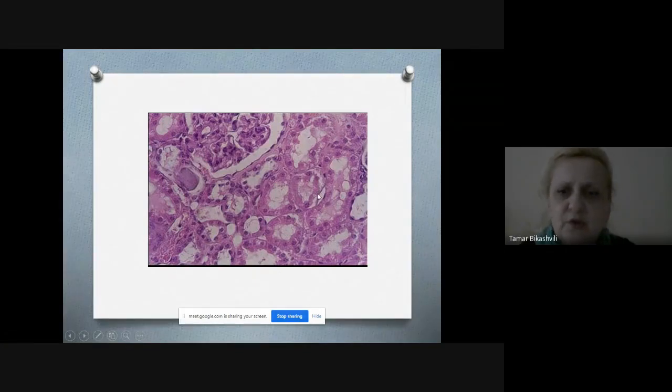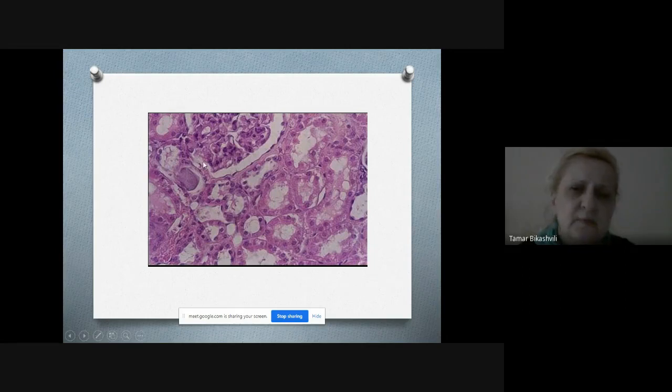And this is the distal convoluted tubule. You can see the lumen is clearer and more empty here compared to the proximal convoluted tubule.